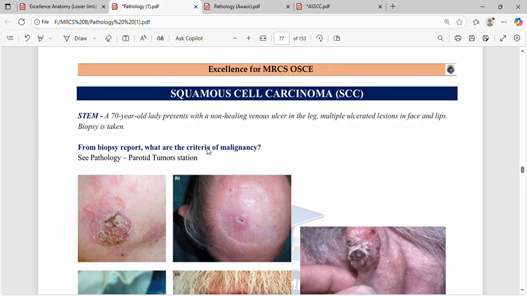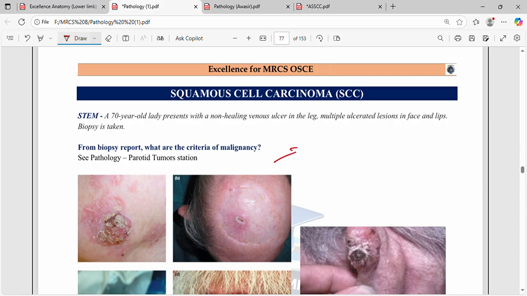We have discussed this in the parotid tumor section. Criteria for malignancy from the biopsy report: you will see lymph node invasion, and the mitosis index, whether there is more or less mitosis.